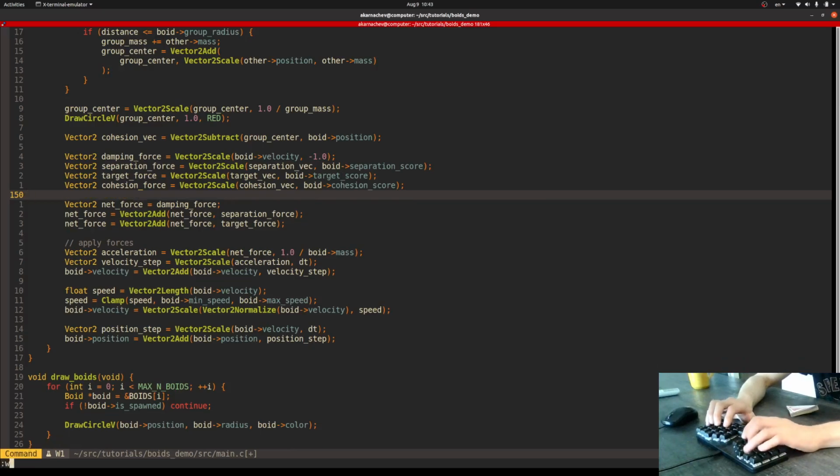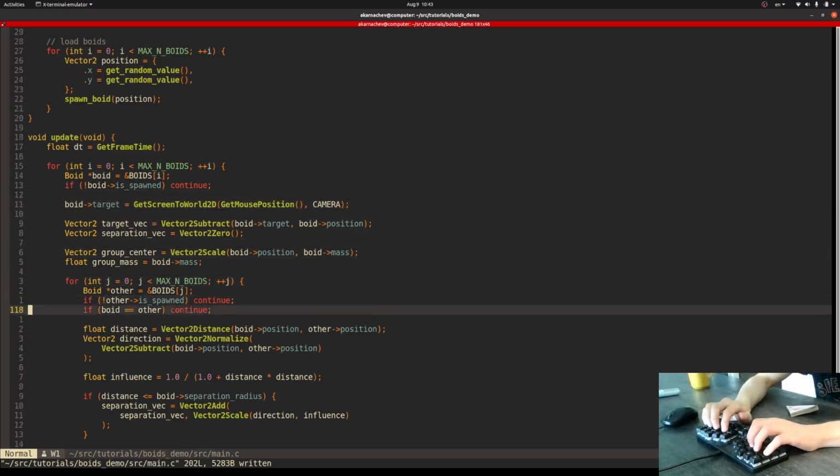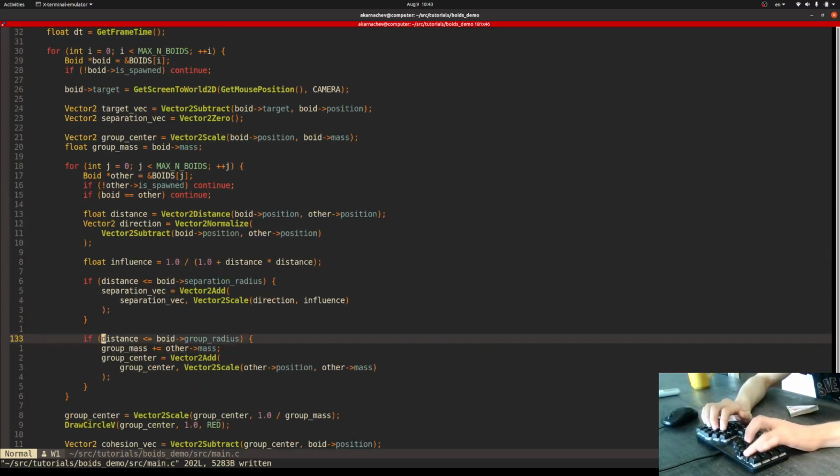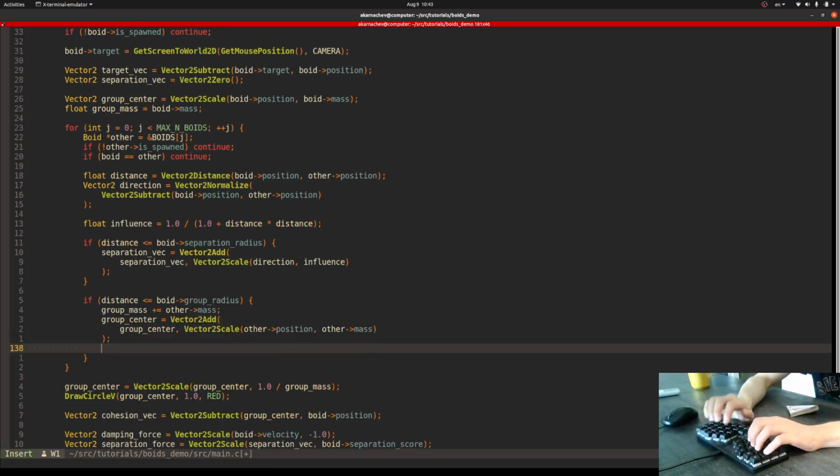Let's first compute some kind of average direction of all the velocities in our group. So basically, if we are in the group, we compute group mass, group center, blah blah blah, but also we compute group average velocity.